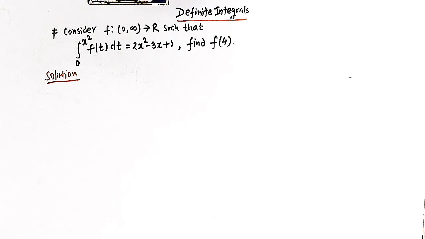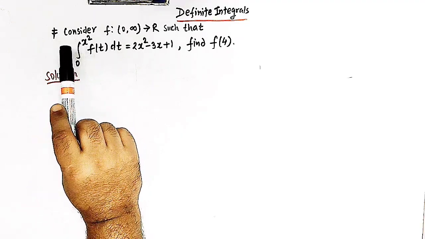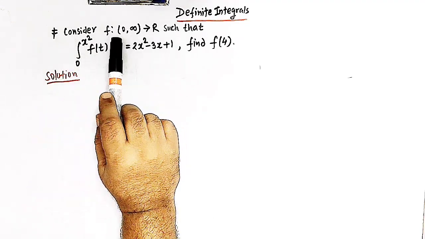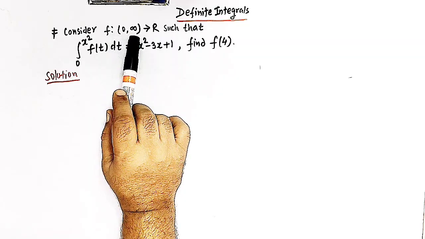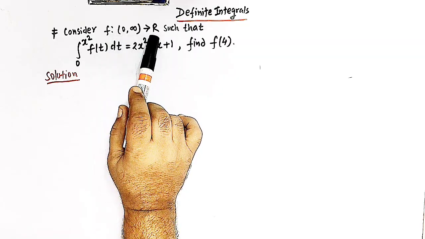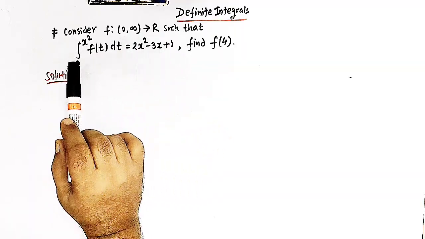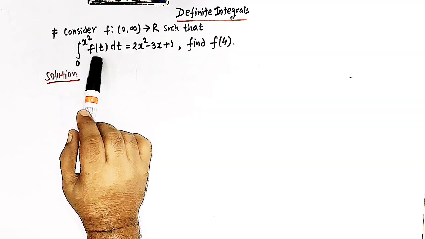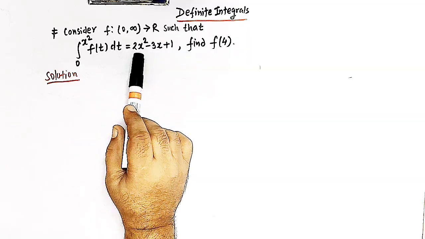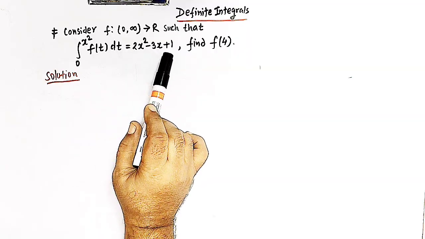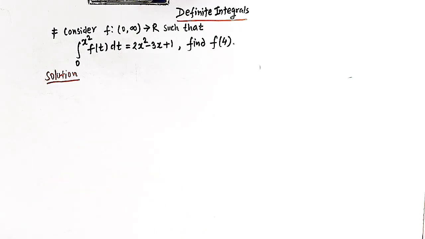Hello viewers, in today's session we are going to discuss another important problem from definite integrals. In this problem we are given a function f from the open interval 0 comma infinity to the set of real numbers such that the integral from 0 to x square of f of t dt is equal to 2x square minus 3x plus 1, and then we have to find the value of f of 4.